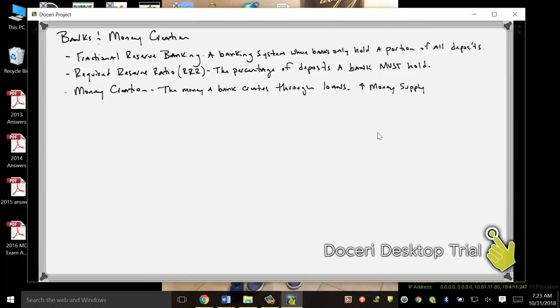All right, so we're going to go through an example really quick of how this money creation process works. So when we do this, we create a balance sheet. And a balance sheet is going to look something like this, where we are comparing a bank's liabilities and a bank's assets.